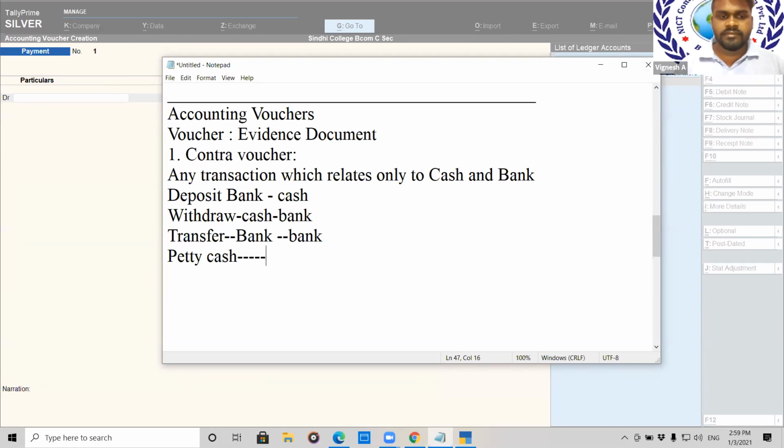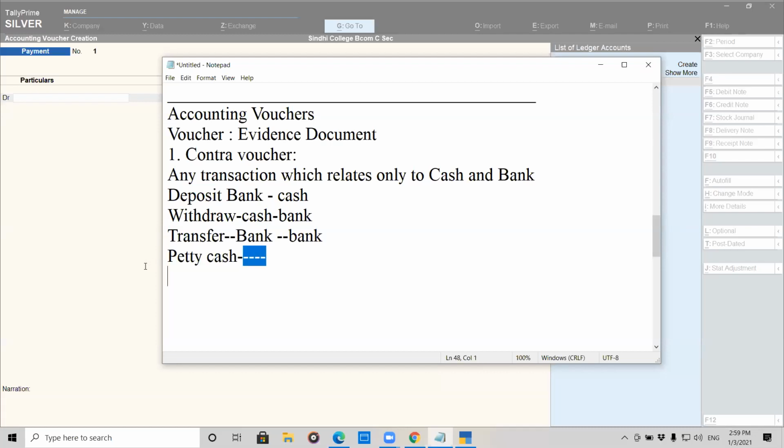This is also a cash account, but another secondary cash account maintained for small expenses like your daily snacks or newspaper payment. If you want to transfer some money from the main cash account to the petty cash, that is your contra voucher.